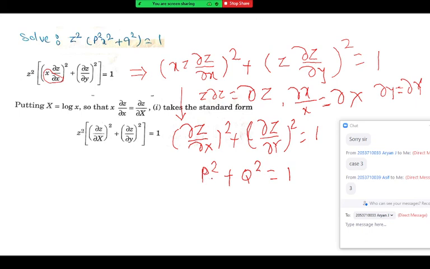Can you tell me, this is the form 1, so what should be the solution? Z equal to aX plus bY plus c, where a square plus b square is 1. So what is the value of capital Z? Anyone? What is the value of this capital Z from this expression?